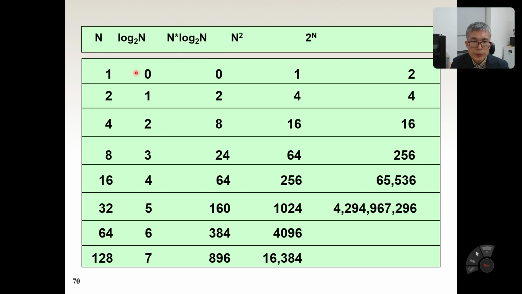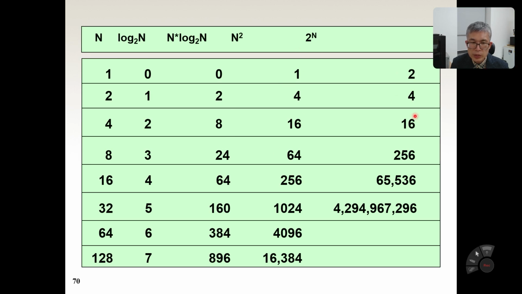You can see the growth of n log n, log n, n squared, and so on. So the numbers increase, like 1, 2, 4, for log n, n log n, and 2 to the power n.